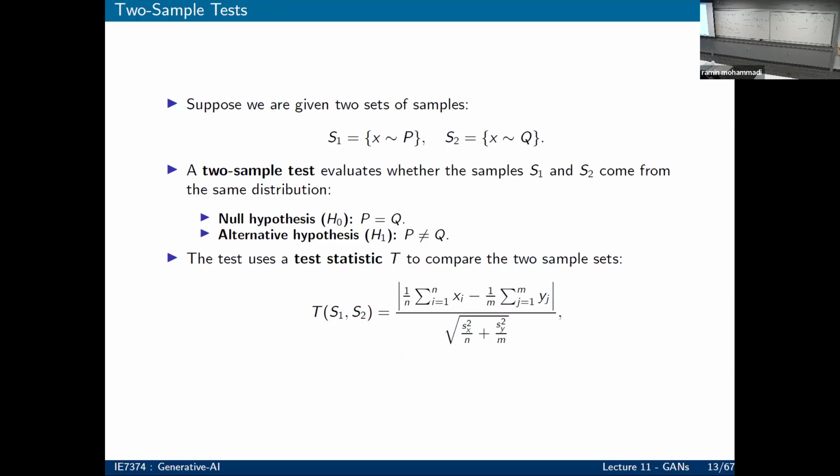For example, for samples from one of them, you find the mean minus the mean from the other one, and then divide by the ratio of the standard deviations or variances. You get some t value, and you compare it with the alpha that you have to either accept or reject the null hypothesis, right?